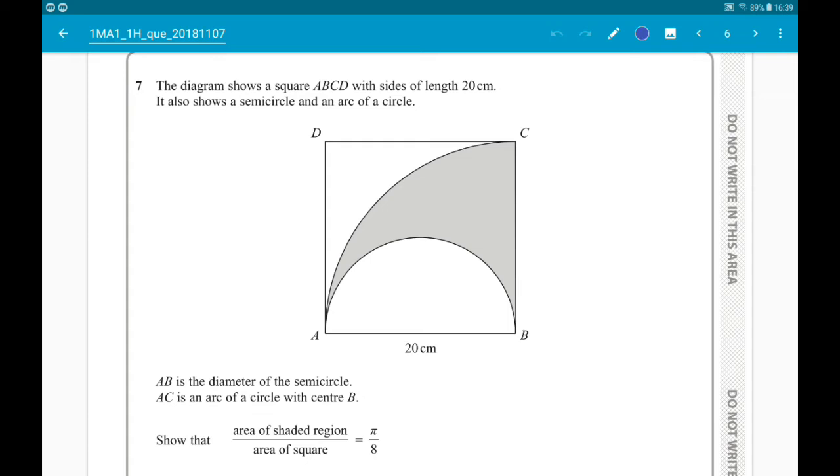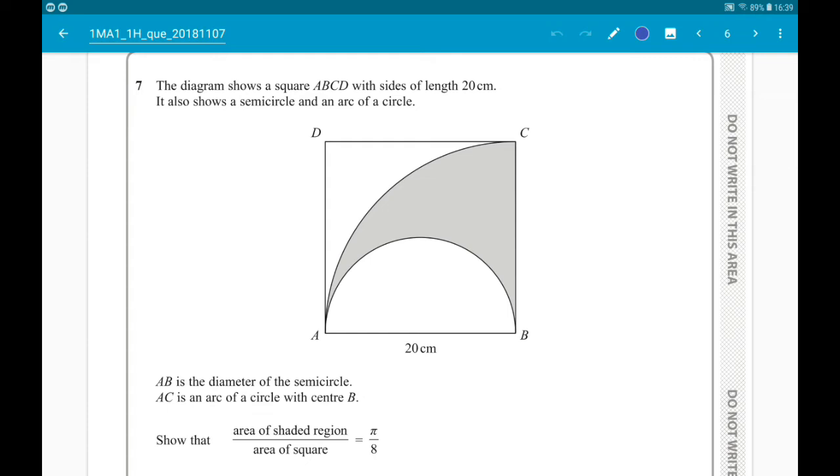Now we're told AB is the diameter of the semicircle, AC is an arc of a circle with centre at B. So that means if that semicircle wasn't there at the bottom and it was all shaded, then that would be a quarter of a circle.